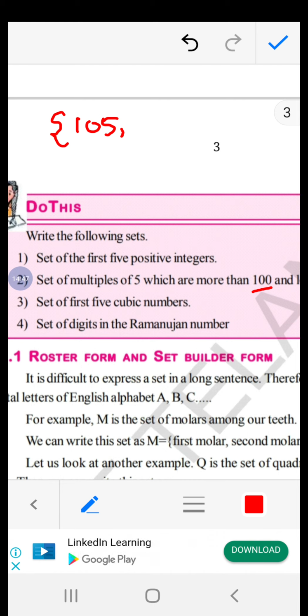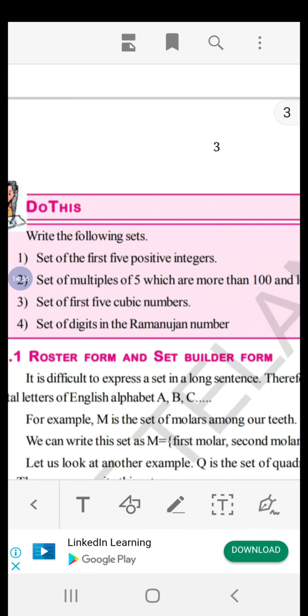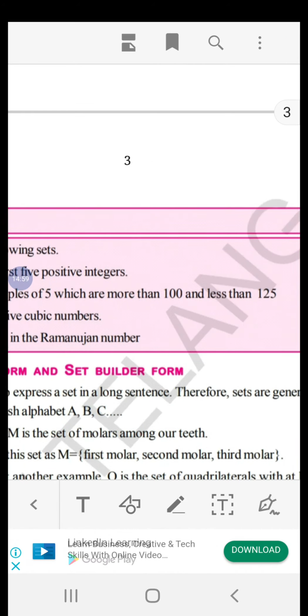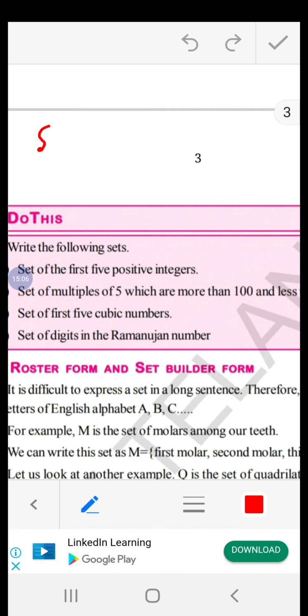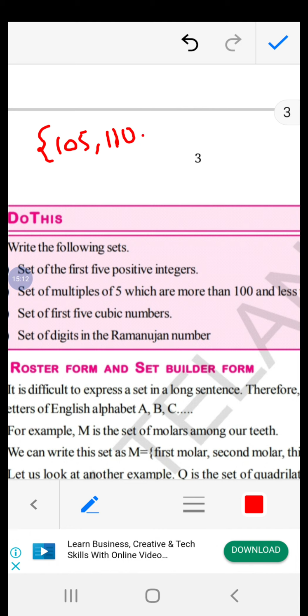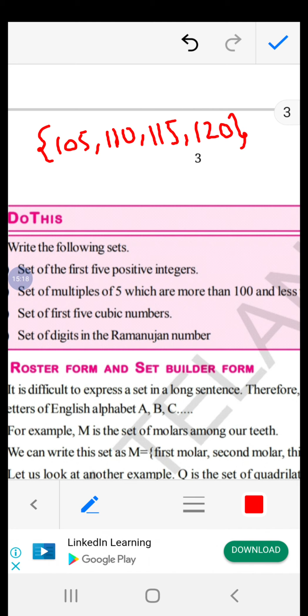So it is 105, 110, 115, 120. So these are the multiples of 5 between 100 and 125.